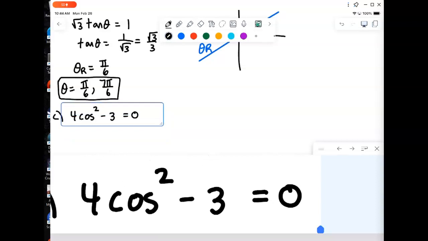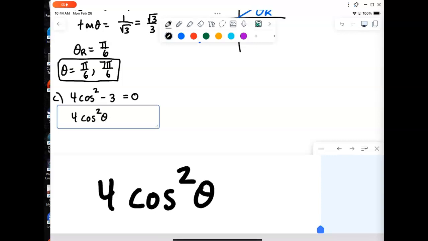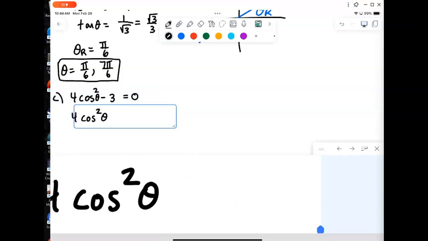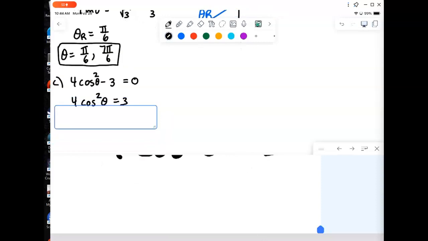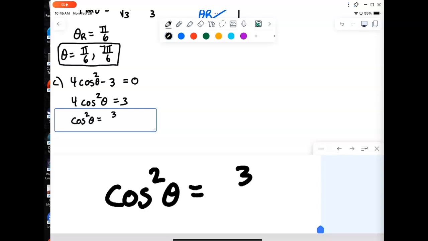We need to get that trig function by itself. So we bring the 3 to the other side, and divide both sides by 4. That gets us down to cosine squared theta equals 3/4.